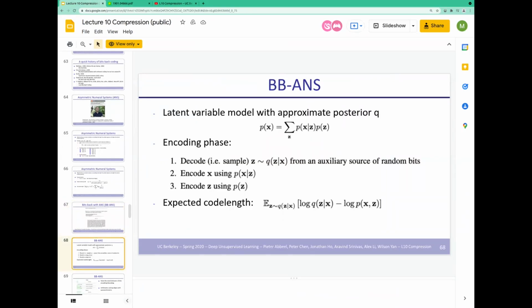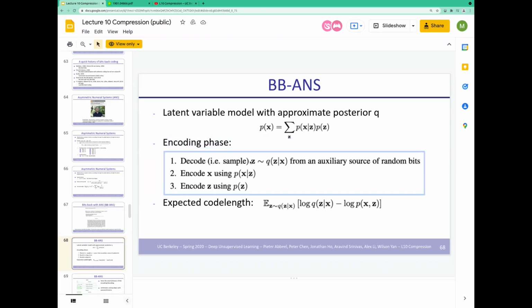So the idea here is that we have the VAE model. So you have P(X), this is the standard VAE model, right? The Z. So we're back to X and Z instead of Y and S. And then this is the bits back phase.